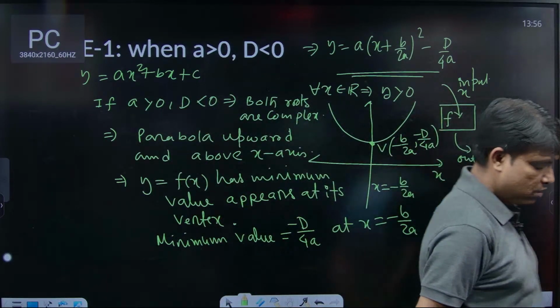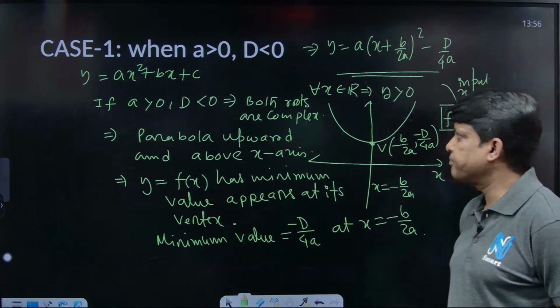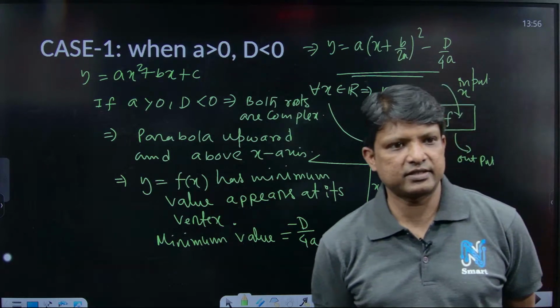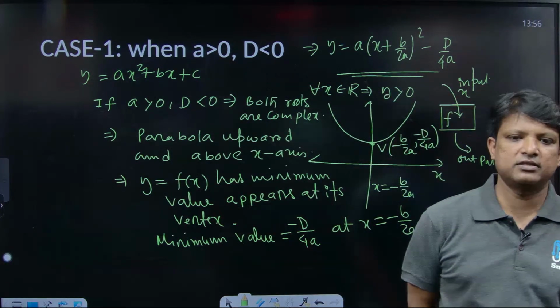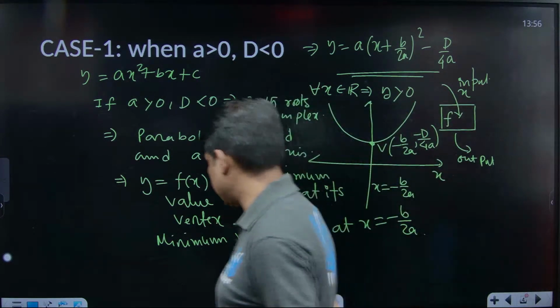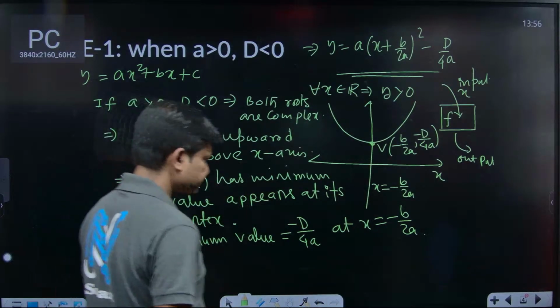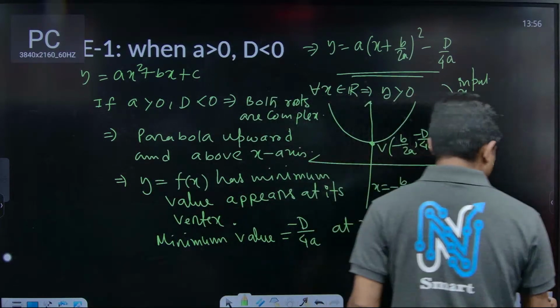Check it. Let us take an example, y equal to x square plus x plus 1. What is the discriminant?